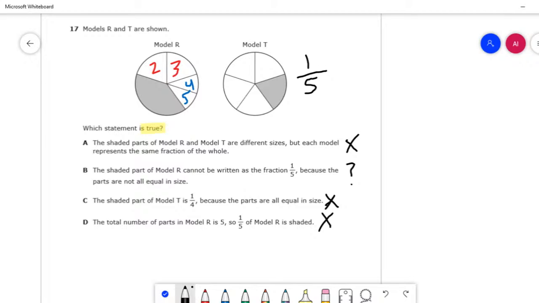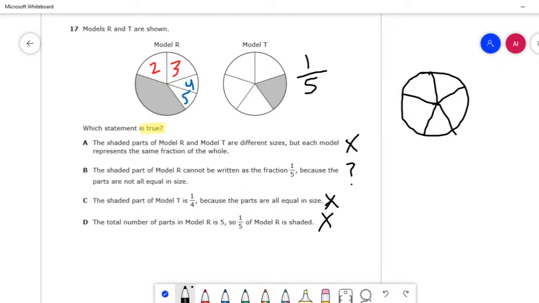And just in case you are a little bit confused over what I mean with the equal parts and how that means that they're not equal, let's just redraw model R with equal parts. If we make a circle similar to model T over here to the side, let's divide it into parts like model T did. So that's something like this.